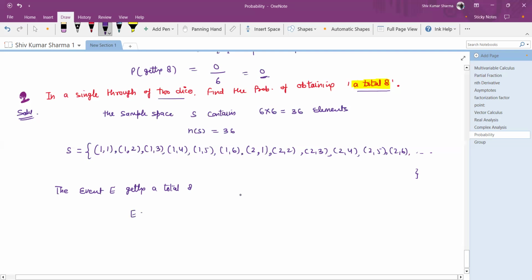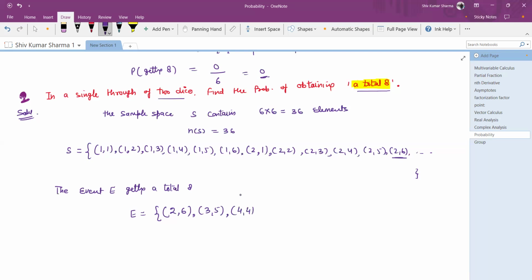So event E we can consider: first, the element whose sum is 8 is 2 comma 6. Next will be 3 comma 5, 3 plus 5 is 8. Next is 4 comma 4, the sum is also 8. Next is 5 comma 3, the sum will be 8. Next is 6 comma 2, the sum will be 8. So there are 5 elements in E whose sum is 8.